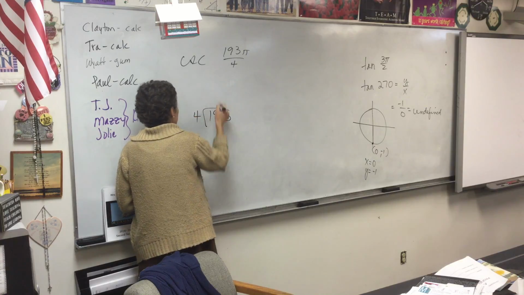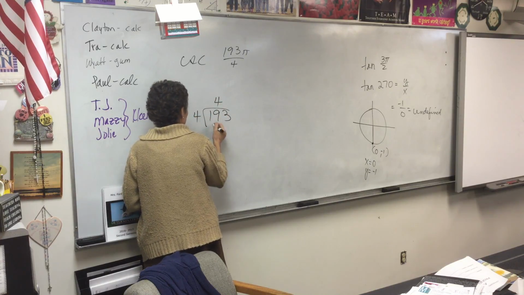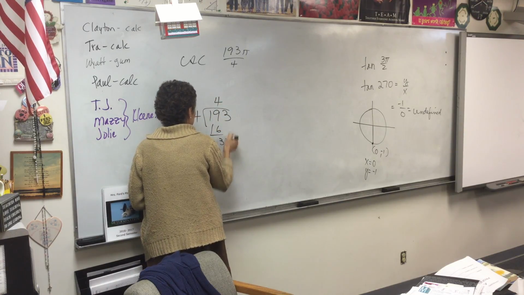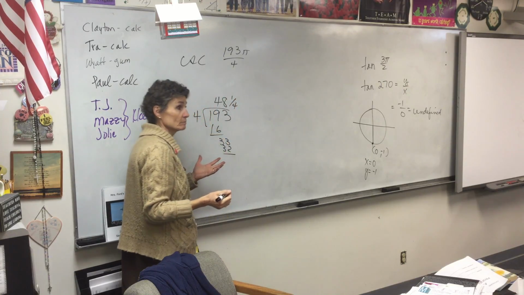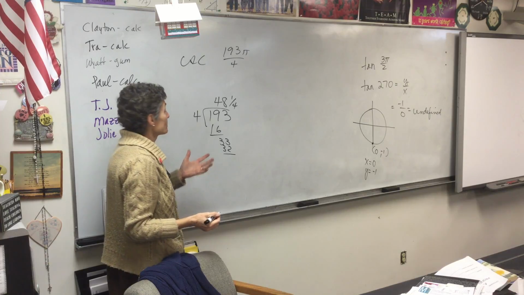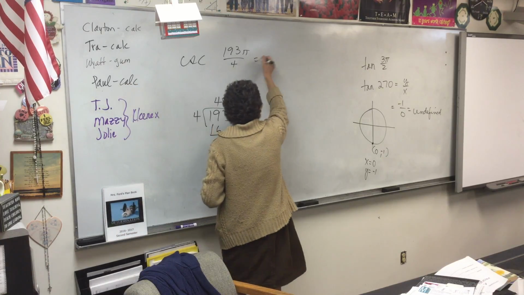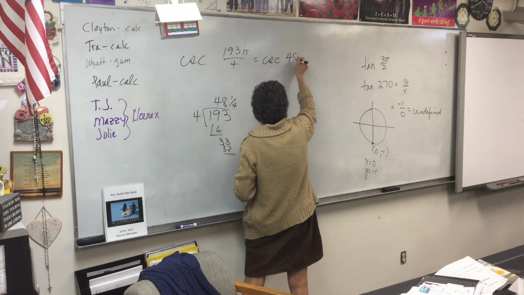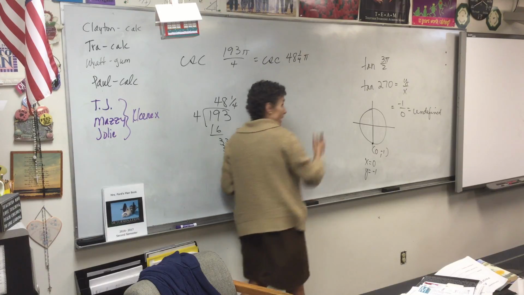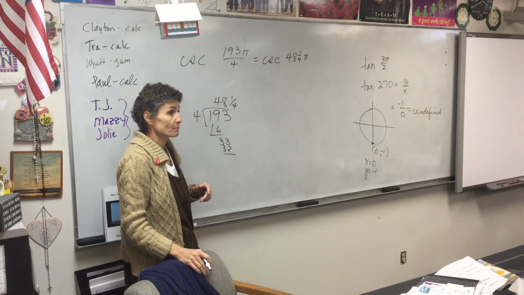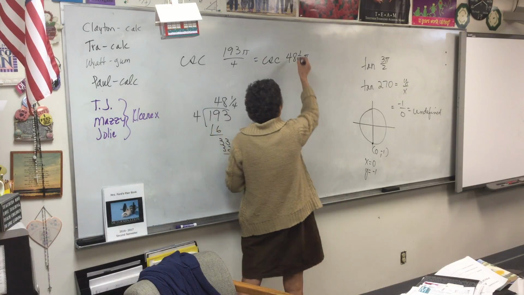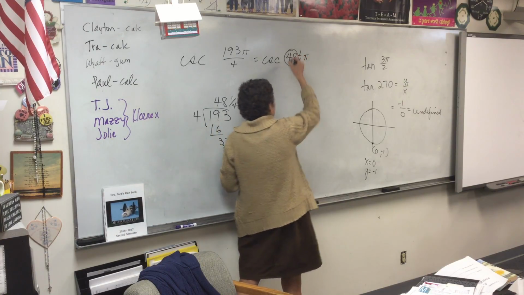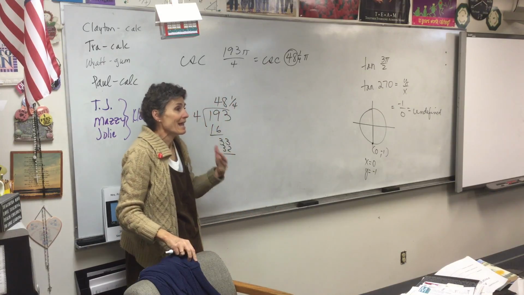What is 193 over 4? 48 1/4. So what I'm really finding is the cosecant of 48 1/4 pi. Would you agree with that? Now tell me about 48 pi.